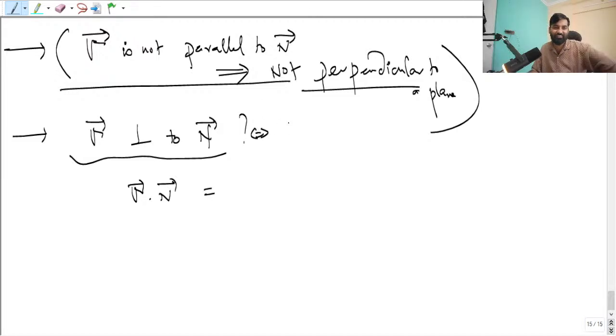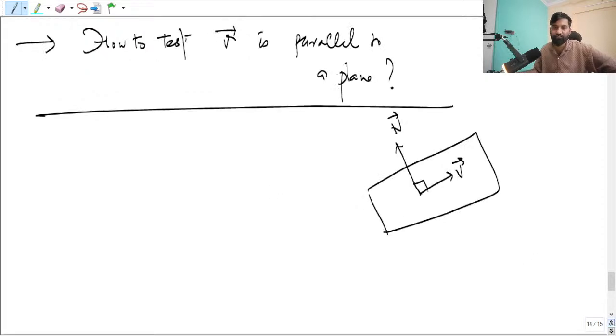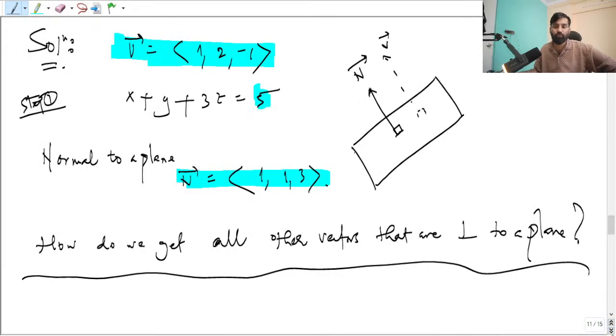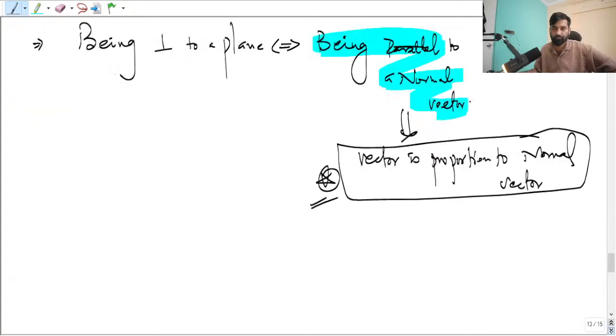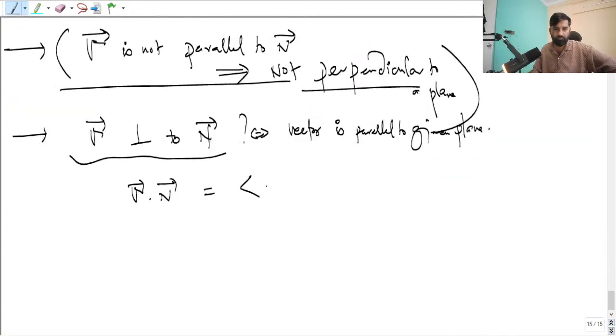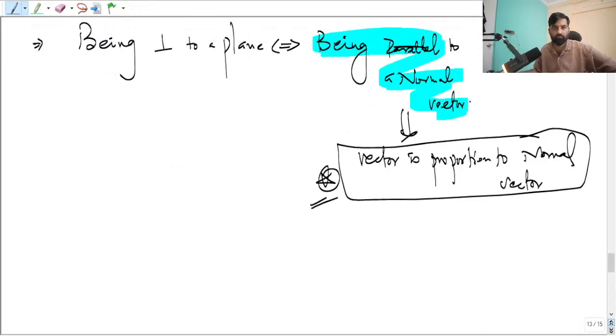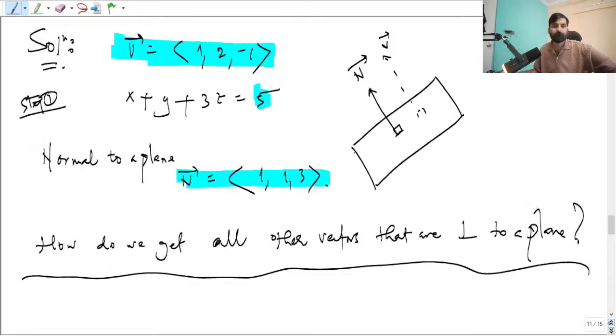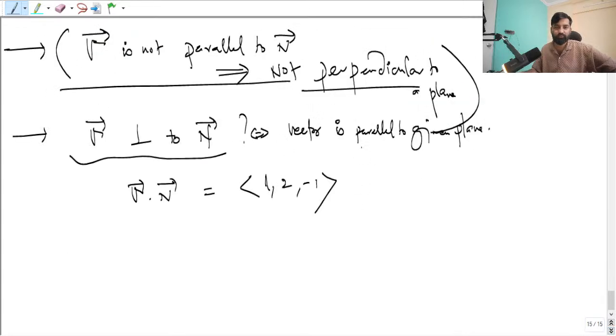The vector is parallel to the given plane. A very beautiful idea, right? I always get fascinated. What is v here, guys? V is given as (1, 2, -1), and your normal is (1, 1, 3), right?